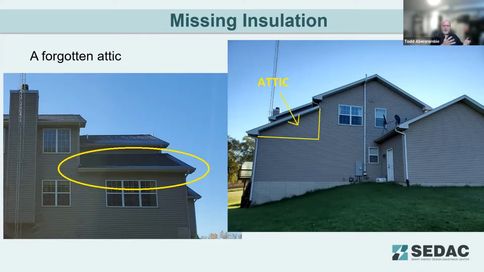This is the same house, the picture from the outside. As I was doing my initial walk around the building, this was taken in the winter. I knew that room was going to be a problem by just looking at the roof. On the left picture, you can see it's cold enough to have some frost on the roof. You see the frost here on the upper roof.